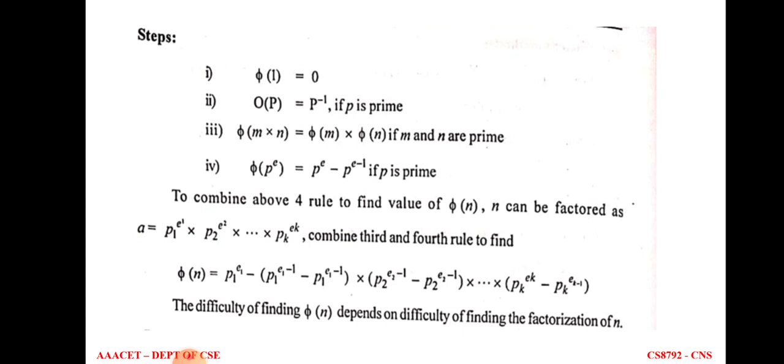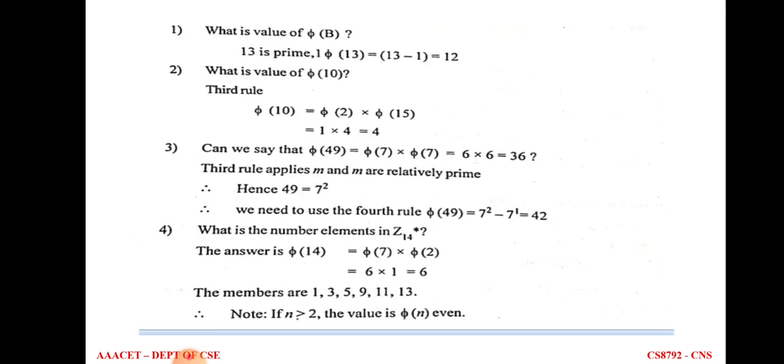Phi of n is nothing but the Euler totient function. Let us see some examples to find it. The first example is phi of 13. Whenever we have to find the Euler totient function, first we have to check whether the number is prime or not.